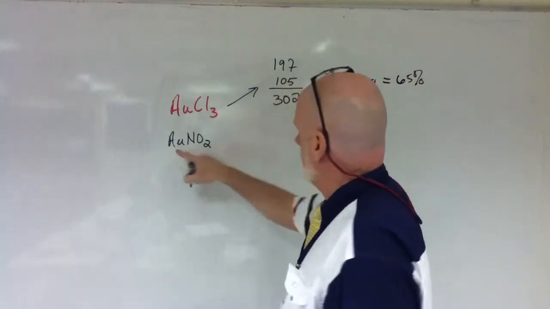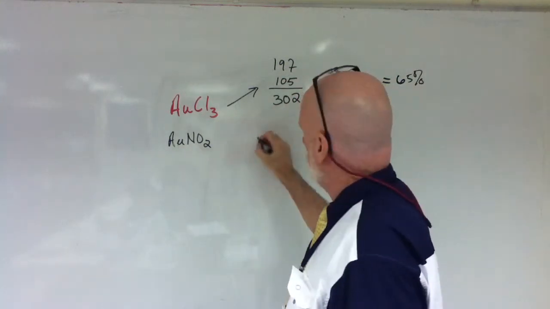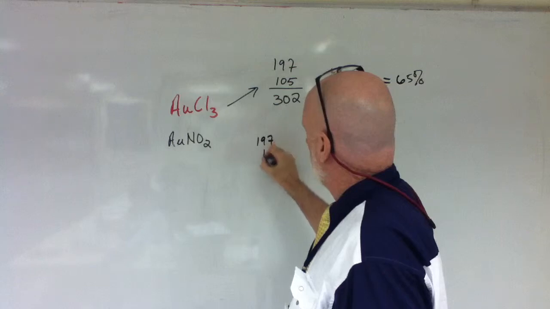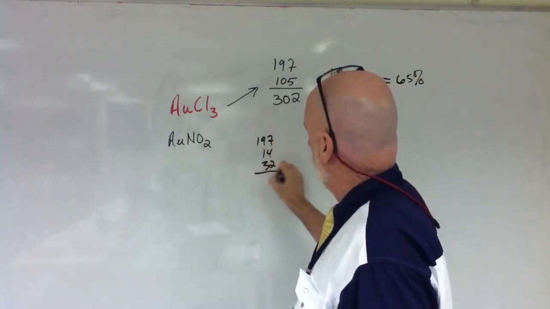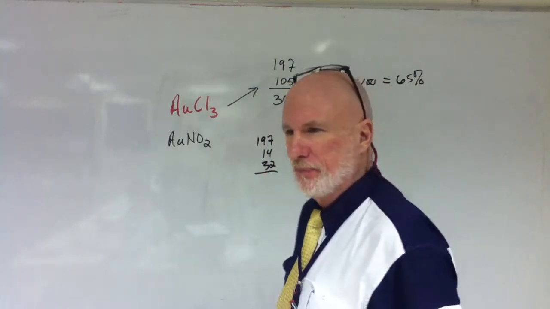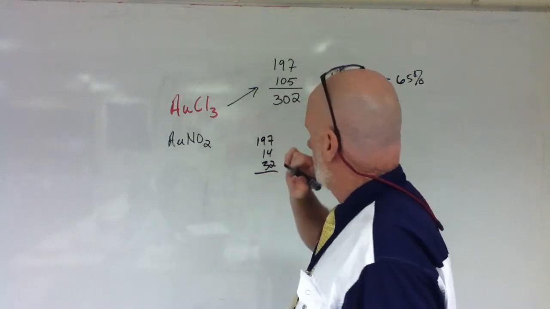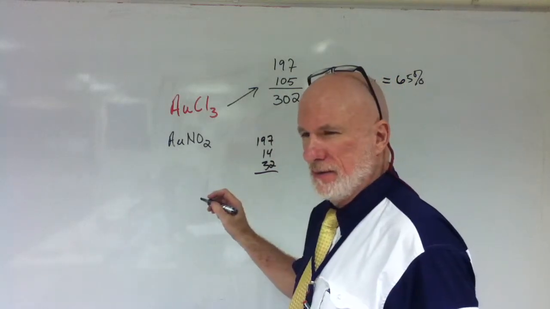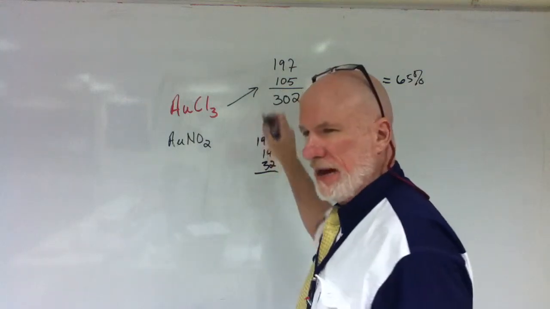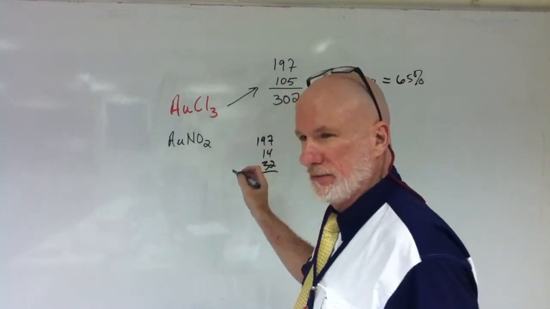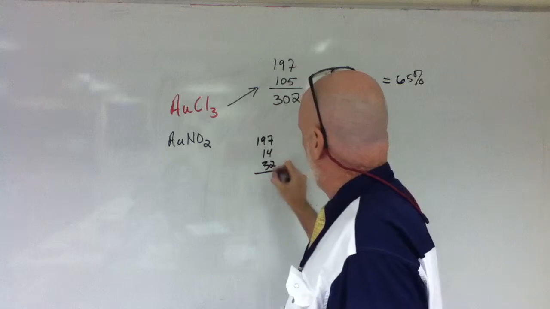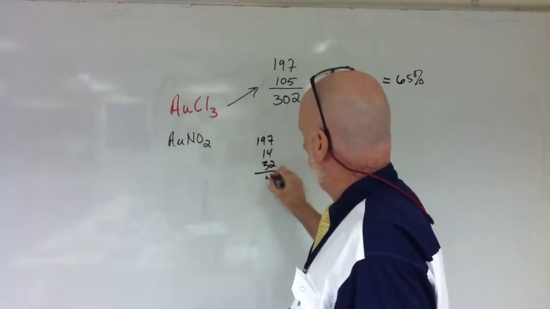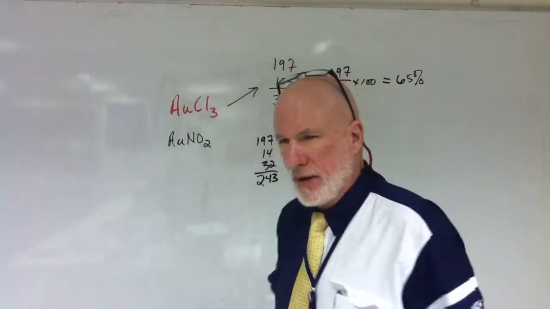Okay, so this is going to be, there's only one gold there, so 197 plus 14 plus 32 is going to be what? 81%. You did it already? Yeah. Okay, so let's slow this down a little bit so everybody can have fun here. 243?